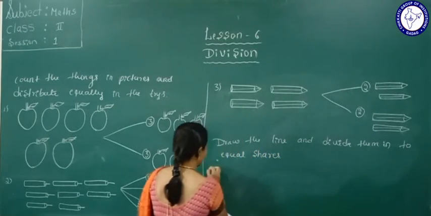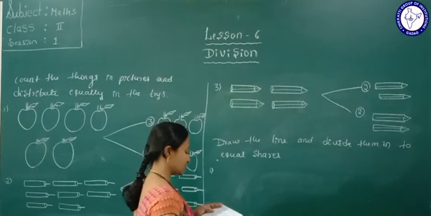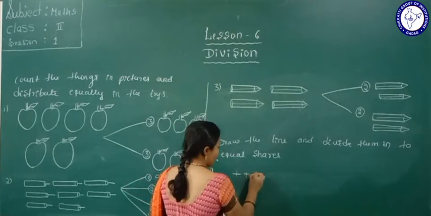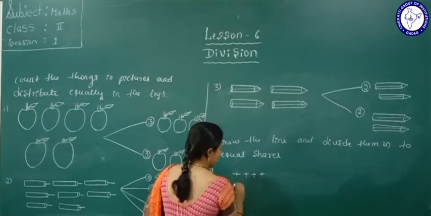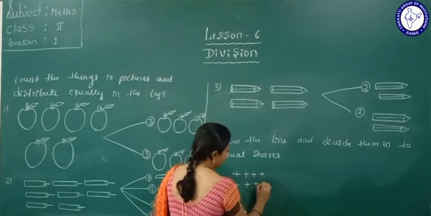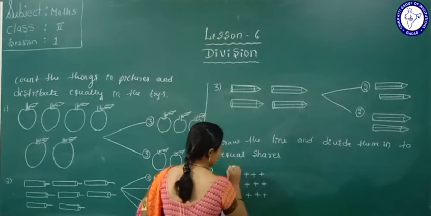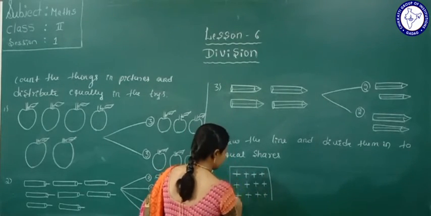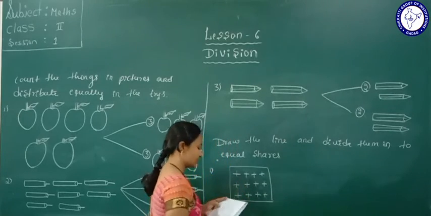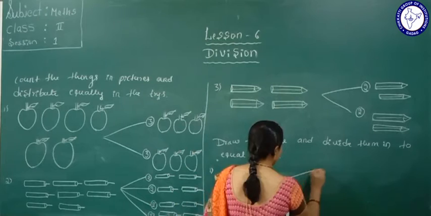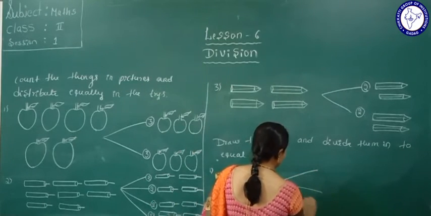Okay, so first one they have given here the symbol of plus. In one group there are 8, 9, 10, 11, 12. There are 12 symbols of addition, that is plus, they have given here. So here see, how many groups did they make here? 3 groups.